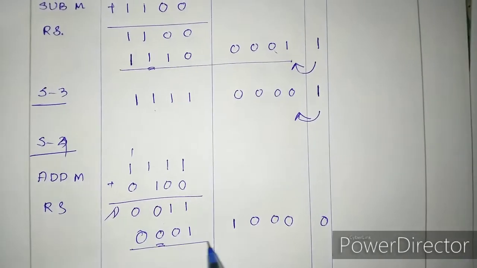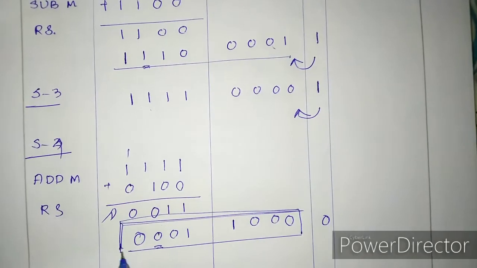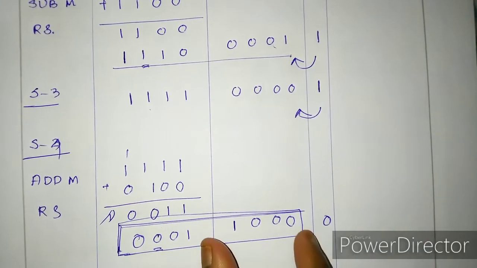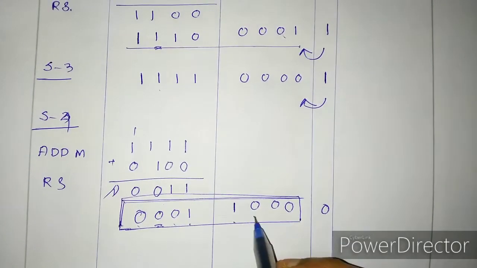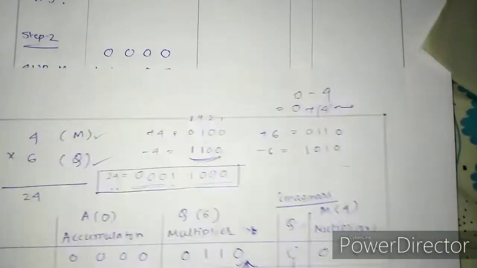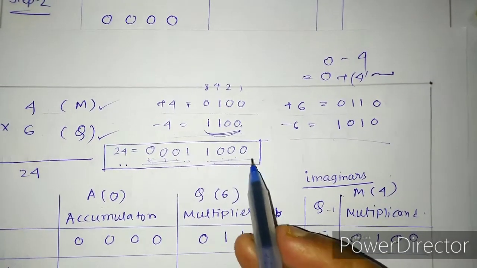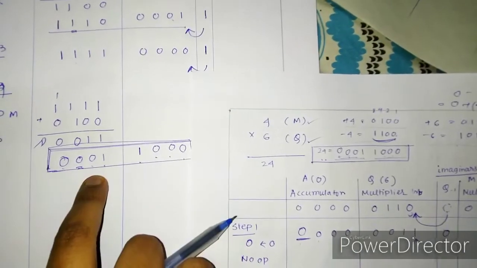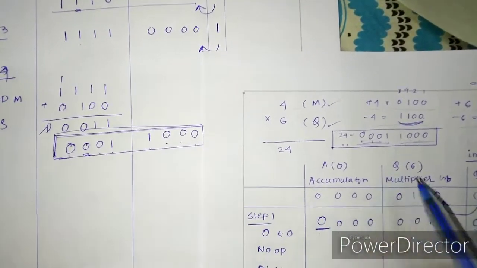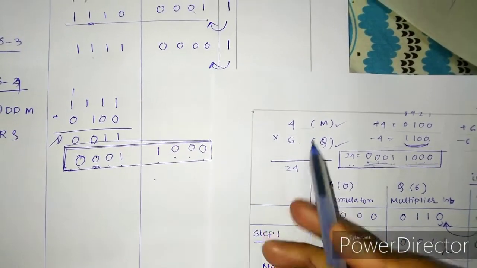So our final answer is the accumulator and the multiplier combined. This 8-bit register is our final answer, that is 0 0 0 1 1 0 0 0. And what is 24? 0 0 0 1 1 0 0 0. The answers are similar, right guys? So Booth's algorithm is exactly right, and we can perform a multiplication in this way. 6 times 4 is equal to 24.